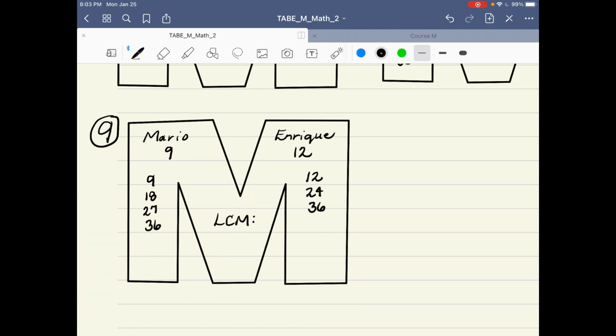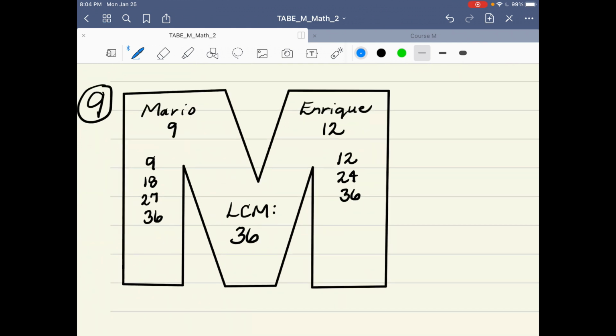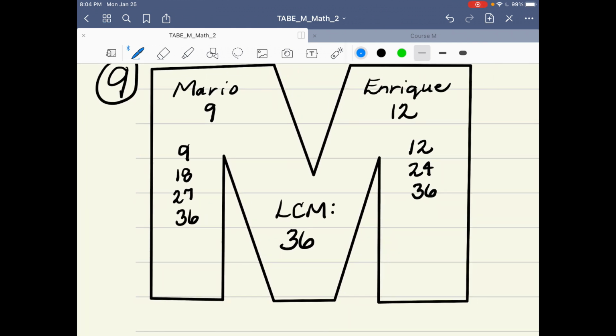So the least common multiple is 36. That would be dollars. So ask yourself, for Mario to make $36, how many hours did he have to work? Well, there are 4 multiples there, so it took him 4 hours to make the $36.